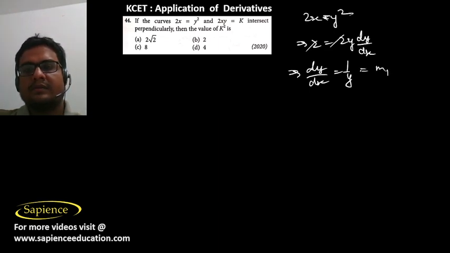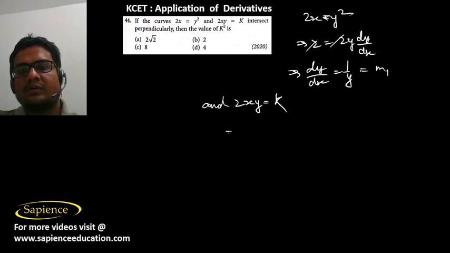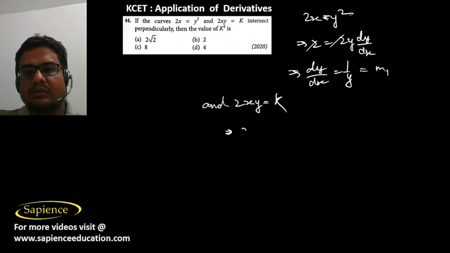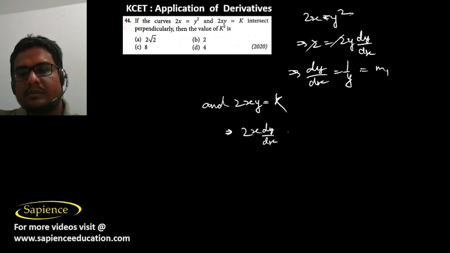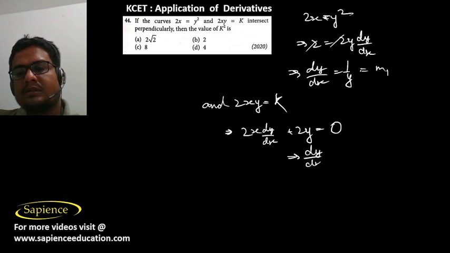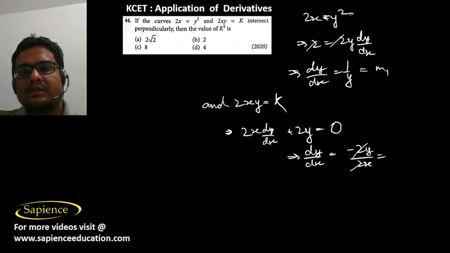This is m1. And here also 2xy equal to k, we differentiate both sides: 2x dy by dx plus 2y equal to 0. Here dy by dx is minus 2y by 2x, that is minus y by x.